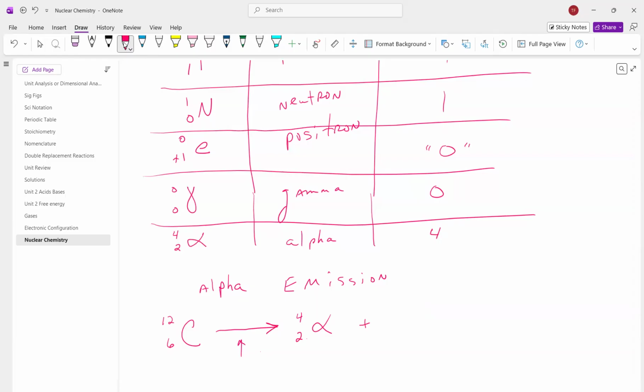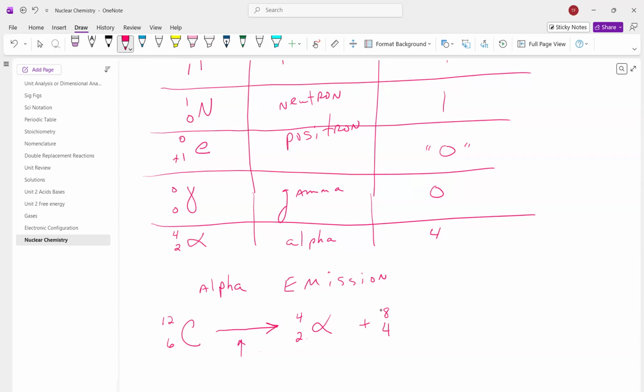Just like we conserved when we were balancing equations, the number of elements on each side had to be the same. Remember the carbons, oxygen, etc. Okay, so basically with this, the top numbers have to be equal. So 4 plus what is 12? 2 plus what is 6?